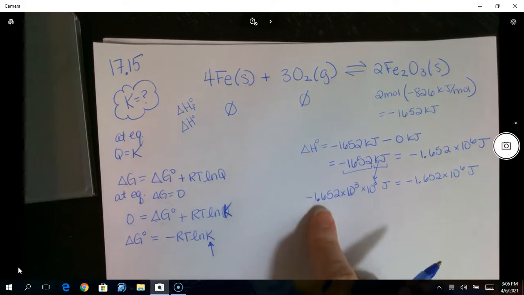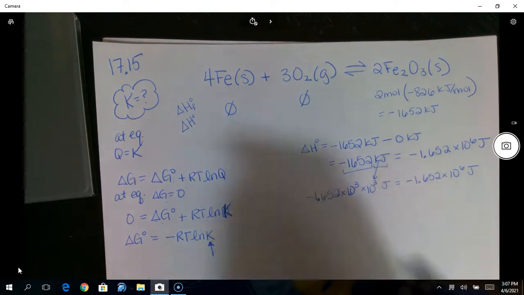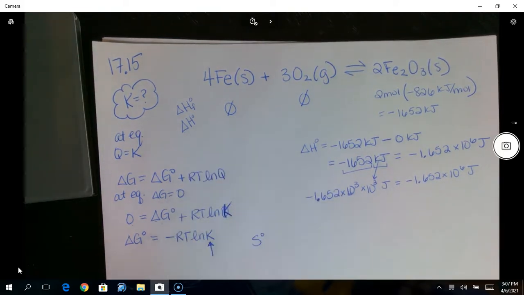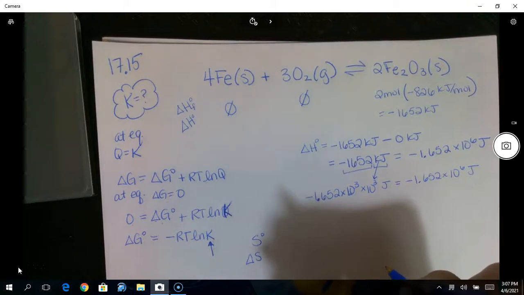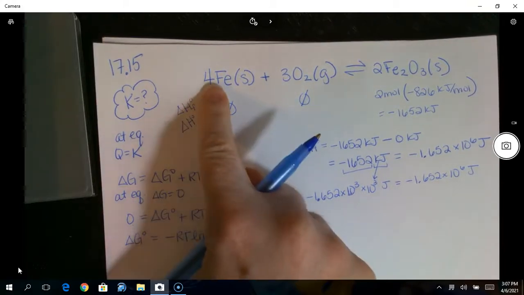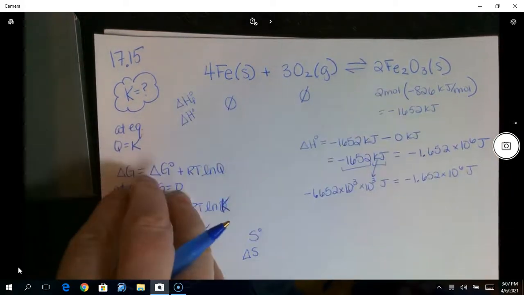So now I can use my entropy, my standard S, so I can find overall delta S. First I'm going to do iron, and I'm moving everything over just because I wrote this stuff here.